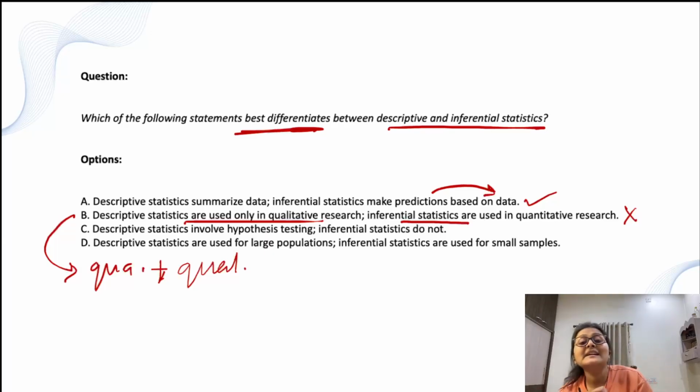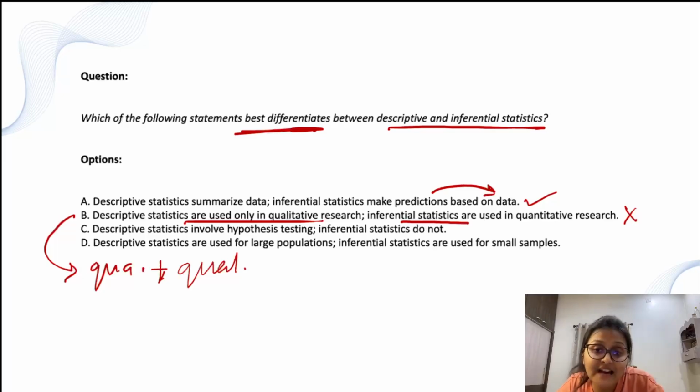For example, testing if the average income in a city is more than the national average is an inferential process. It is not a descriptive process. We are not describing a particular situation. We are judging whether the average income in a city is more than the national average.